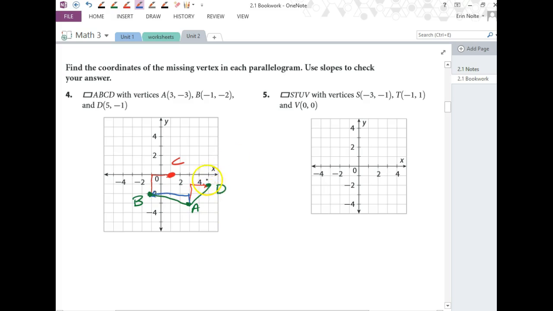So we could have gone from D and gone up 1 and to the left 4, and still gotten that same point. Okay, so what is the ordered pair of C? Close. 1, 0. There you go. How do we do on that one? Is everybody okay with that?